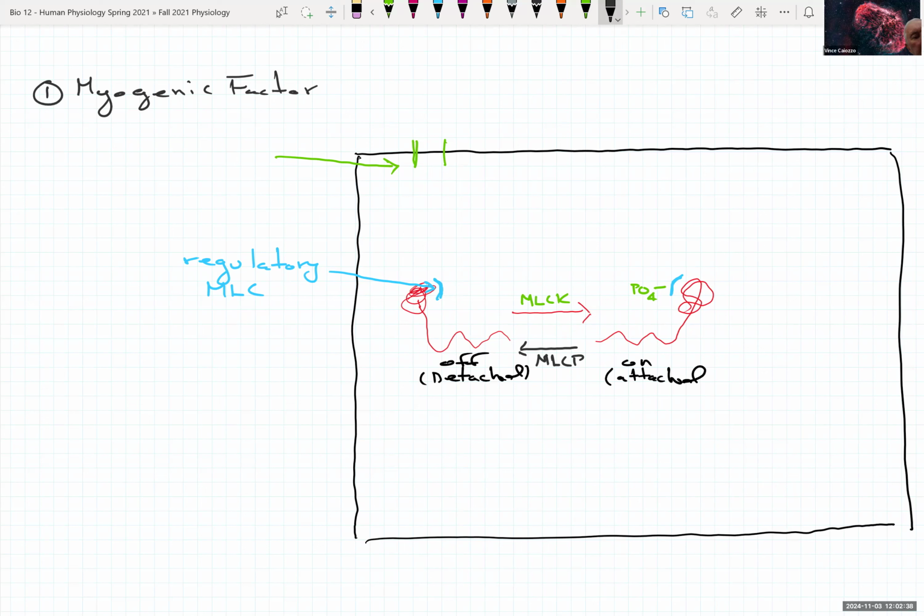This is number one. And really what we're talking about is the involvement of stretch activated calcium ion channels. And that's what I'm showing in green.